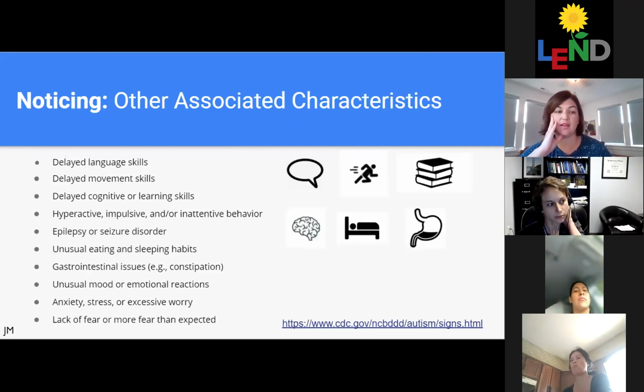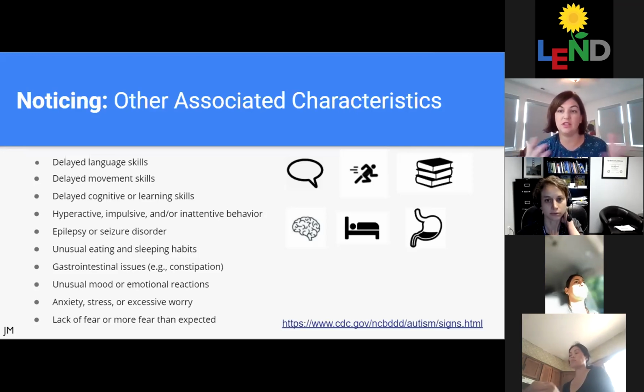So we just want to highlight this fact because it really points to the necessity of having an interdisciplinary team, because there's a lot to tease out and differentially diagnose, and you need to be able to provide appropriate recommendations. So you need a full team to support all of these possible related medical conditions or delays in development.